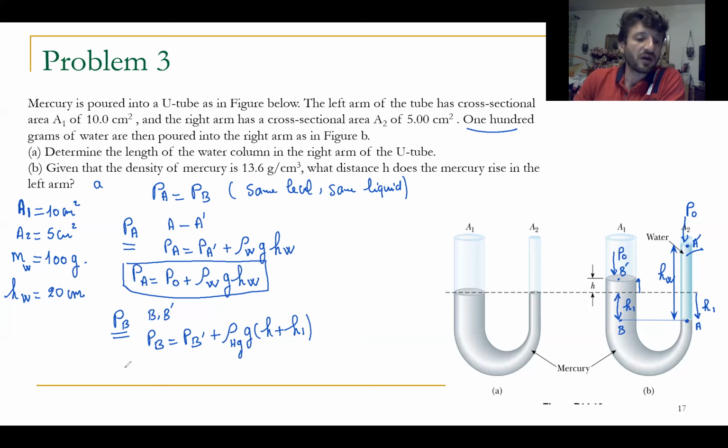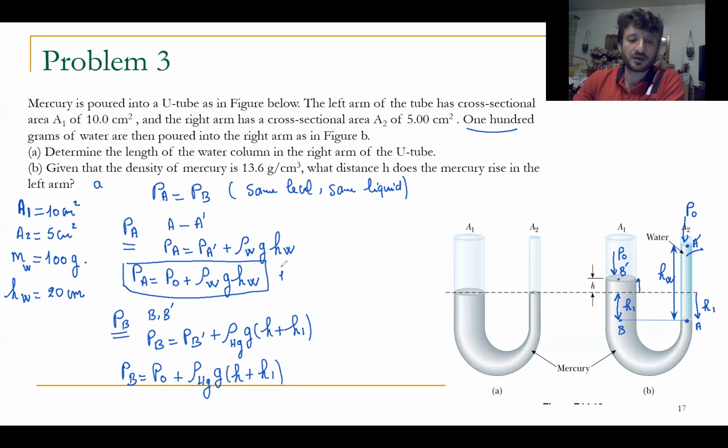So we can write PB equals P0 plus rho Hg G times H plus H1.